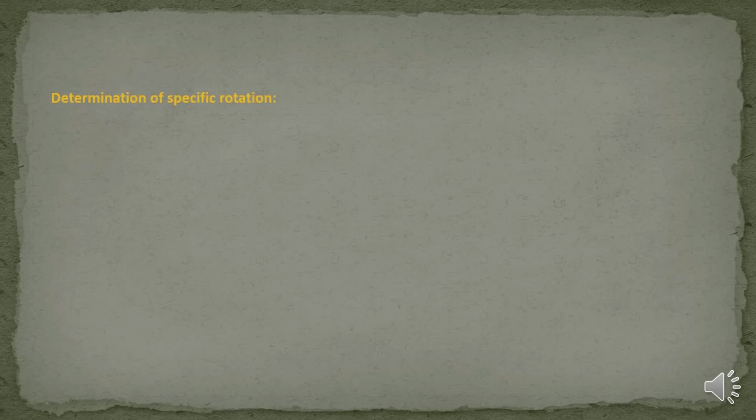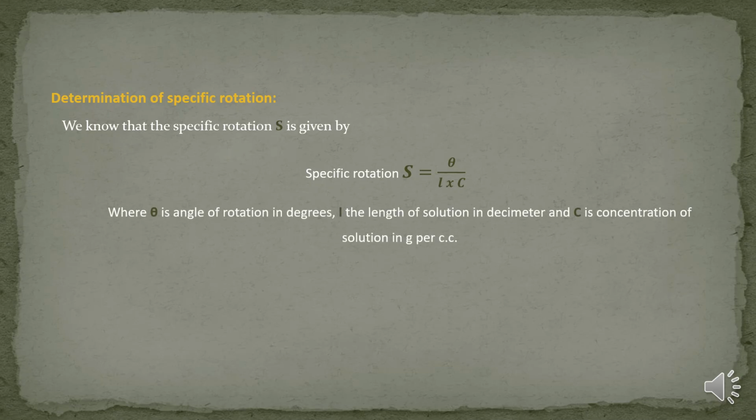Determination of specific rotation. We know that the specific rotation S is given by S is equal to theta by L into C, where theta is the angle of rotation measured in degrees, L is the length of the solution measured in decimeters, and C is the concentration of the solution measured in gram per cc.